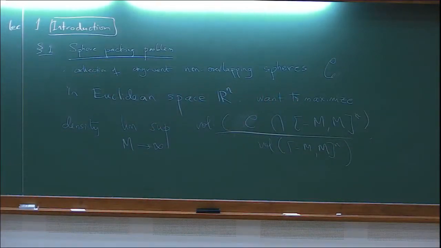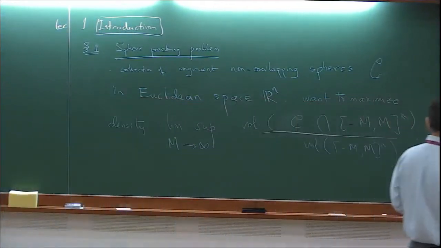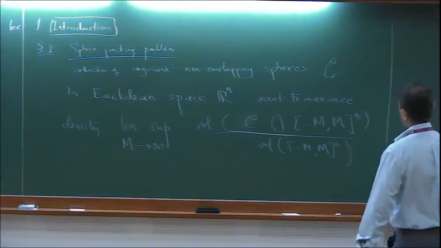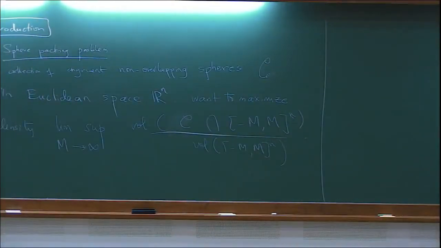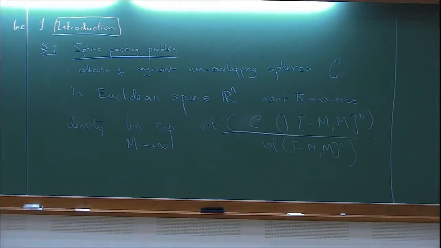Then you can take a limsup, just in case this is not regular. That's the objective of the sphere packing problem: to maximize the density among all collections of congruent non-overlapping spheres. You may as well assume, for instance, that all the spheres are unit spheres, with unit radius, because you can scale things and it will not change the density.